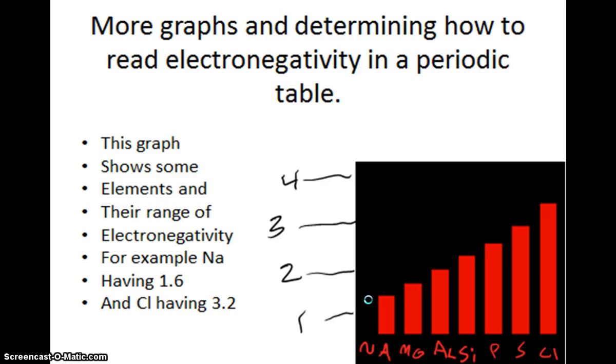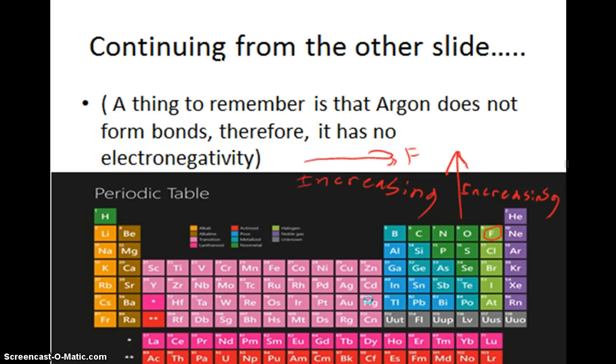This chart shows from 1 to 4 on the electronegativity scale, and they have Na sodium, Mg magnesium, Al aluminum, Si silicon, P phosphorus, S sulfur, and Cl chlorine, of which chlorine is the highest. Continuing from the other slide, a thing to remember is that argon does not form bonds, therefore it has no electronegativity.